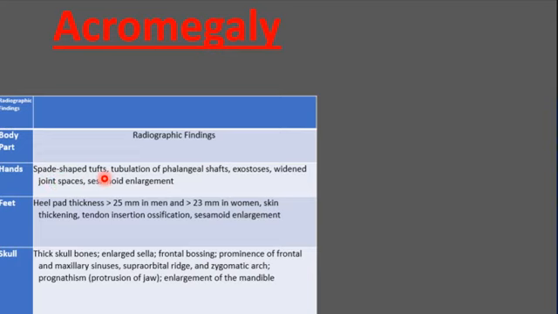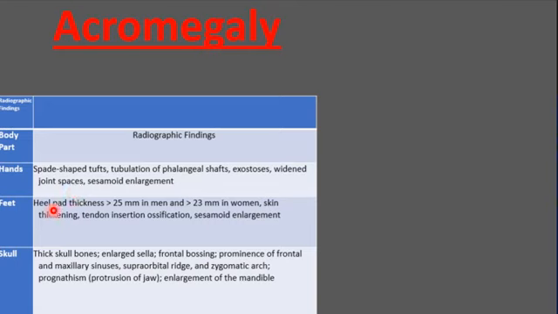There are spade-shaped tufts, tubulation of the phalangeal shaft, exostosis, widened joint space, and sesamoid enlargement.